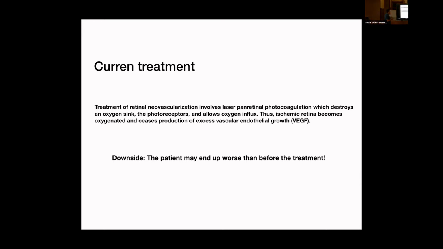So we could ask, is there a way we could make a treatment that would help people with diabetic retinopathy, well, actually not go blind?